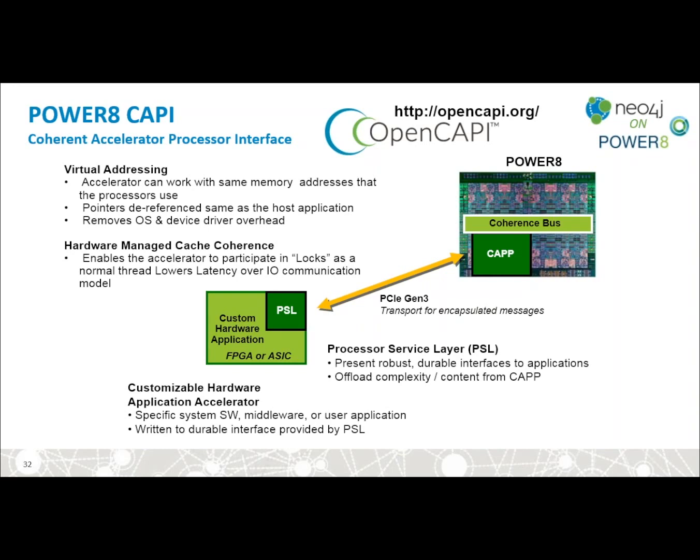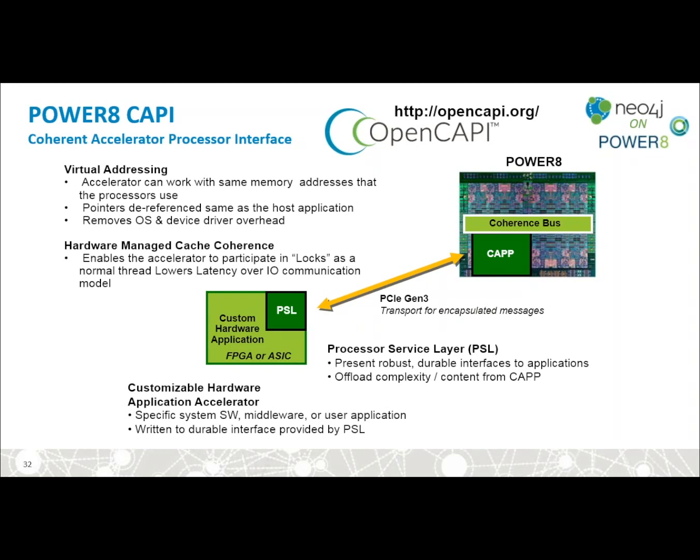One of the key capabilities that we have in support of this platform for Neo4j is called CAPI, and I'll briefly talk about CAPI, which is a very key innovation, very unique to the Power8 architecture. So what does CAPI do? It basically provides a very high bandwidth, low latency path between external devices, whether these are accelerators or storage and networking devices, to the Power core and the memory architecture.